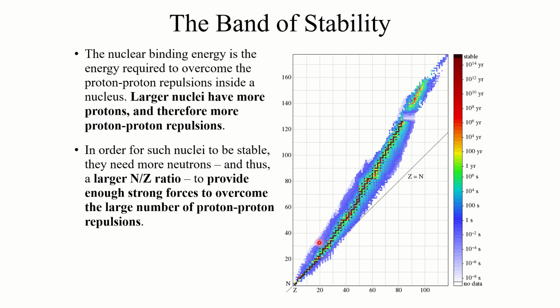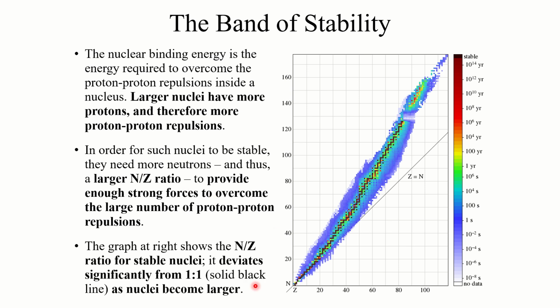And you should notice here that the band of stability, which is this dark red band in the middle here, begins to drift further and further away from the one-to-one line as the nuclei get heavier, because again, they need more neutrons to provide enough strong forces to overcome the proton-proton repulsions.